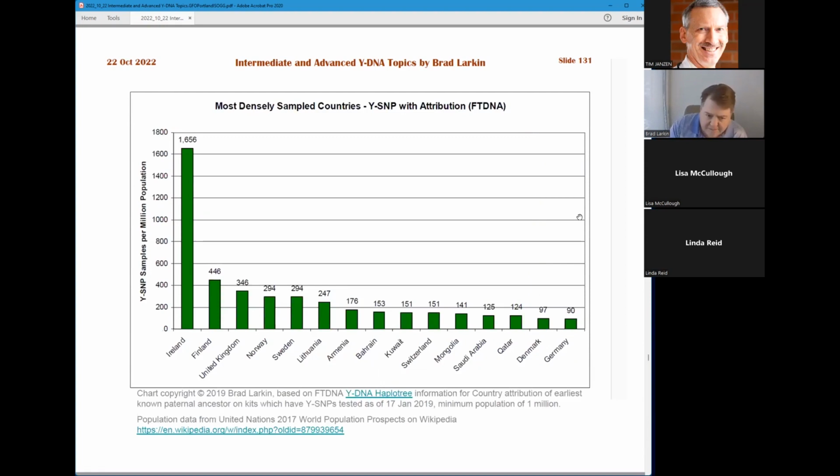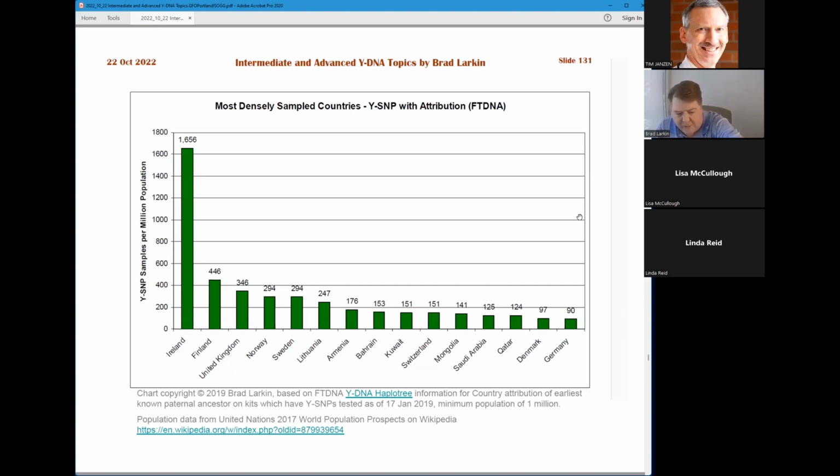These are the most densely sampled countries according to Y-DNA ancestor and attribution. So if you take how many samples we have that are attributed to that country and divide it by the population, that gives you kind of a sampling density. And so this is a sampling density per 1 million of estimated population.